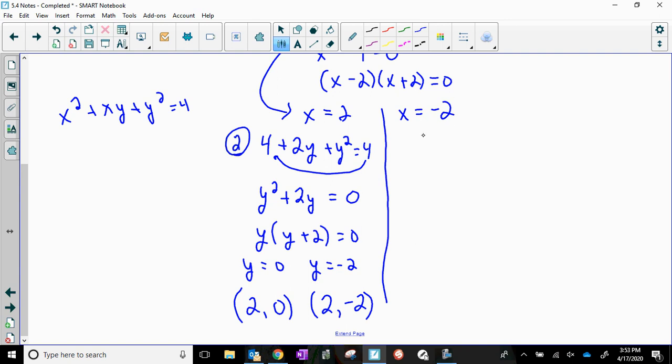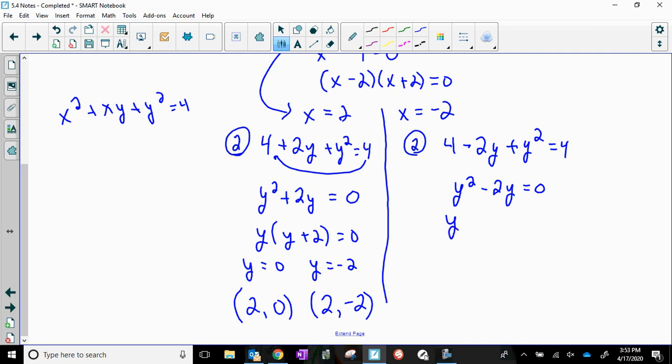So let me plug negative 2 in there. In the second equation, that's what I'm using. If I plug in negative 2 and square, I get positive 4. Then negative 2 times y, y squared, and 4. So y squared minus 2y equals 0.